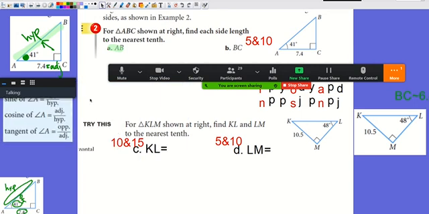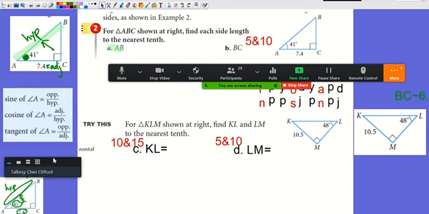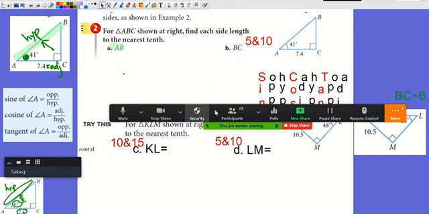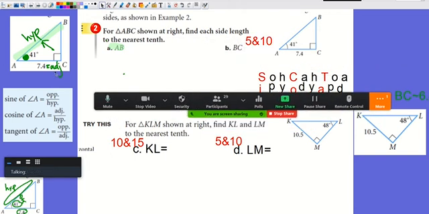Now, over here, again, the green dot goes wherever the degrees is, which is 41. 7.4 is adjacent to the degrees. And the reason I highlighted this green is because that's what it's asking for. It's asking for this value. So you see, at least I see adjacent and hypotenuse.